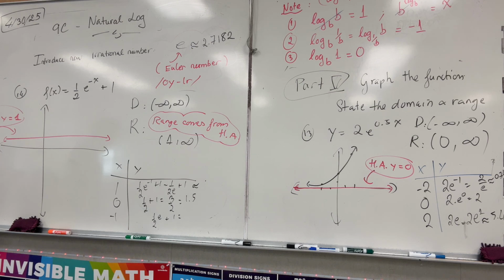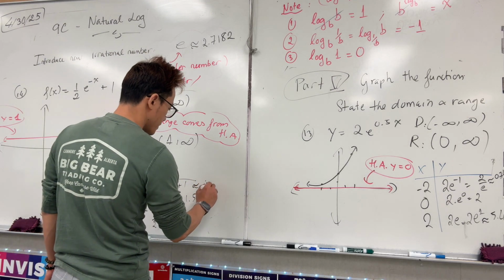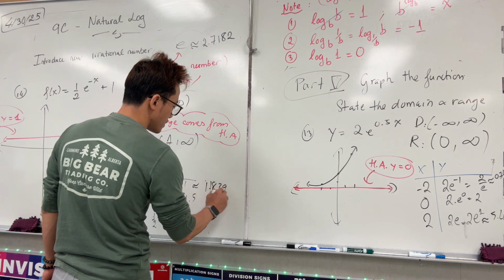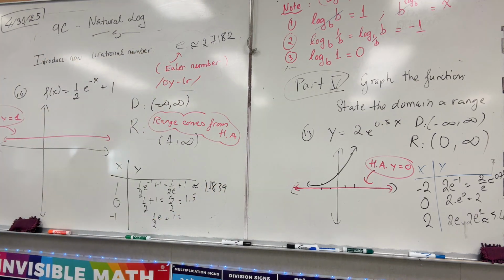No. Be careful on calculation, okay? So you're going to press 1 divided by open parenthesis 2 times, yeah, 1 point something. 1.1839. Yes. You need to have 2 parentheses.